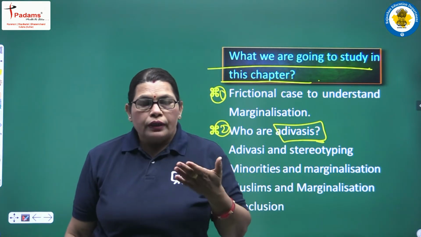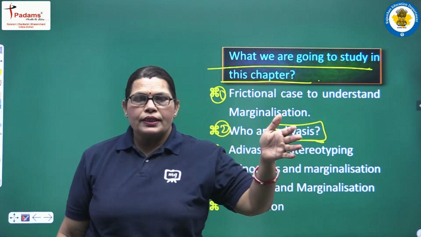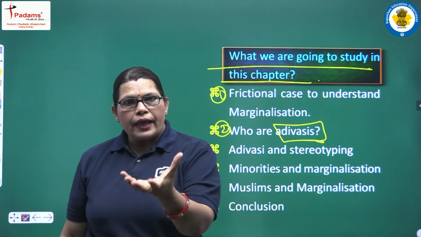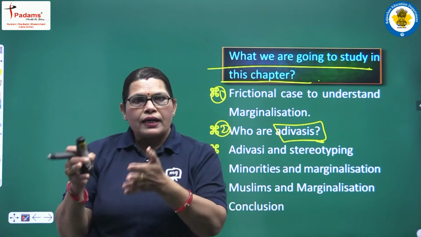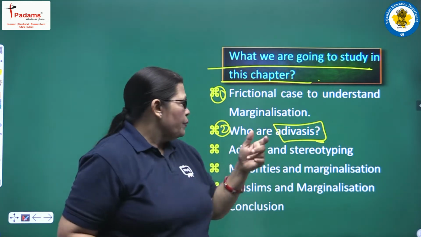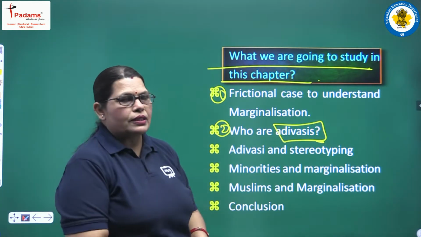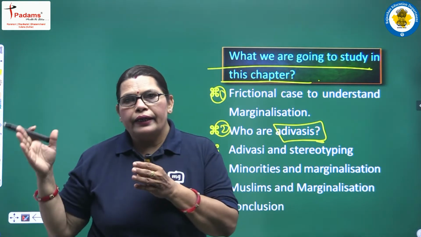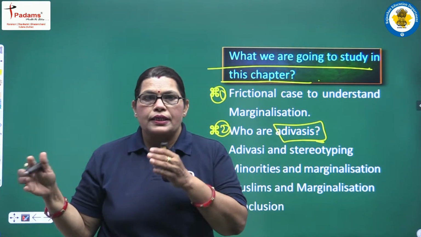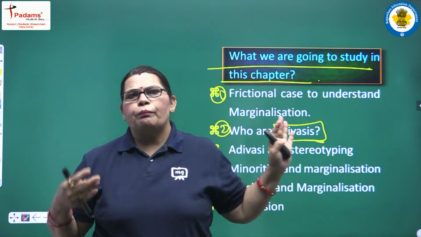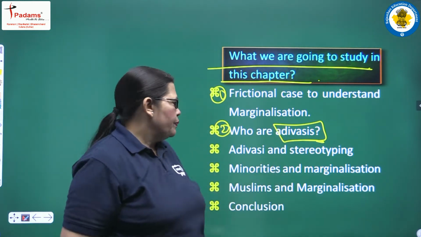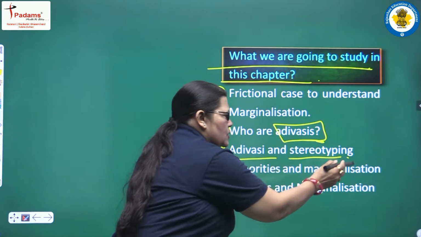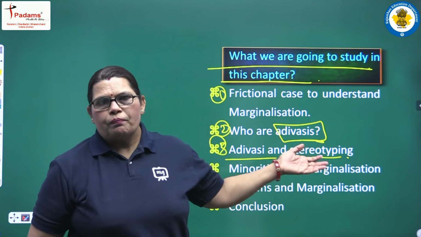How in geography? Industrialization is there, forest expansion is there, and water reserve parks, forest parks and reserved parks are there. So we will discuss who are Adivasis. History and geography you have discussed, and in the senior classes you will take a whole chapter on Adivasis. Next, Adivasis and stereotyping, and how this comes about, we will discuss.